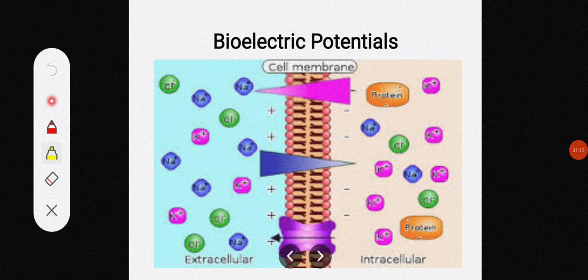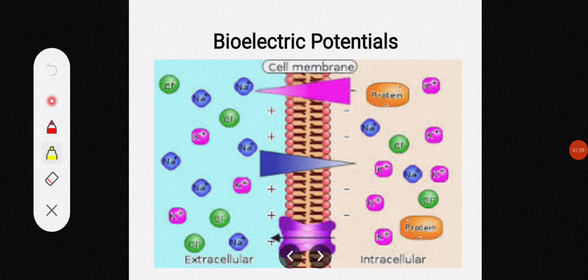There are certain physiological systems in the body where there are special types of cells.